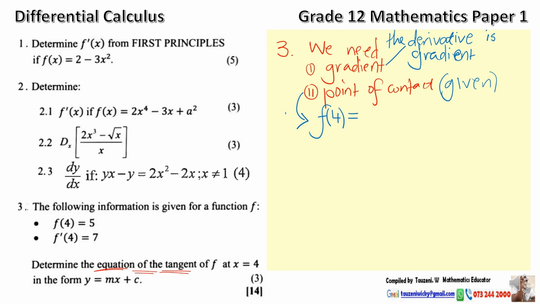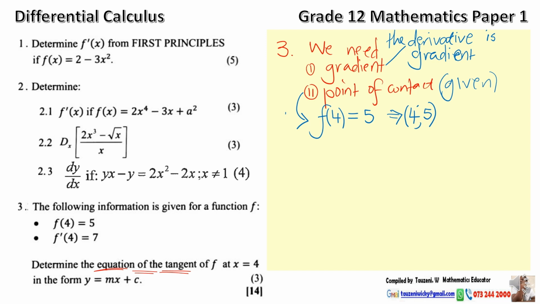In functions, this means when x is equal to 4, then y will equal 5. Therefore, (4, 5) are the coordinates which are on the graph. And that is our point of contact in this case.